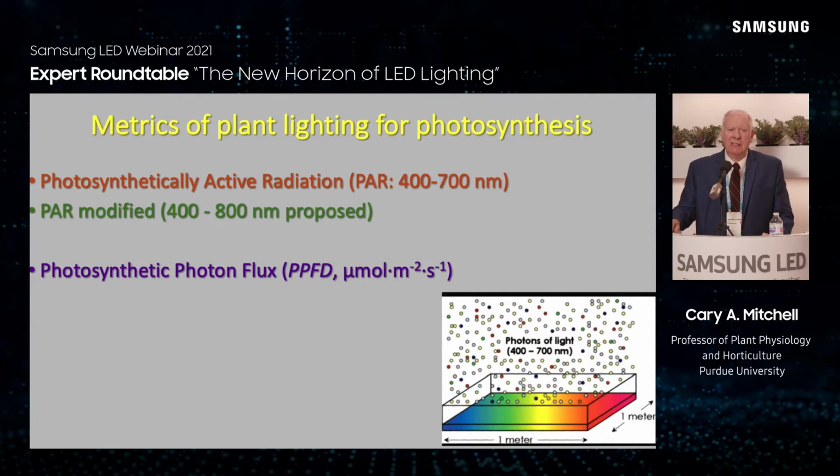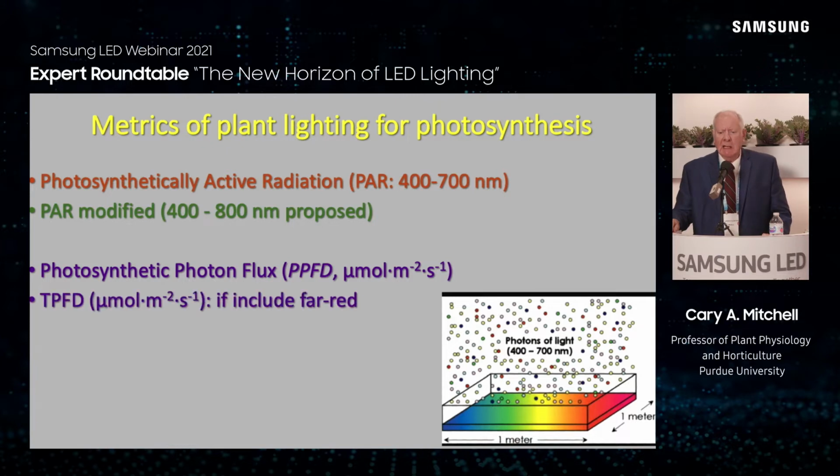The intensity or photon flux density is given in micromoles of photons per square meter of absorbing surface per second. If you include the far red, then that PPFD becomes total photon flux density, same units.